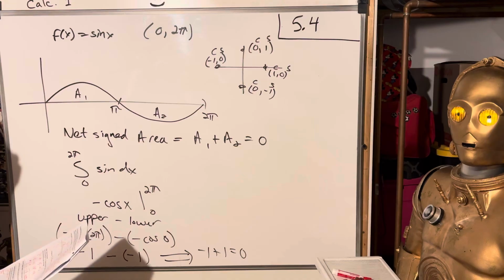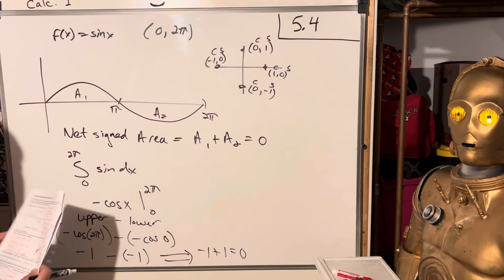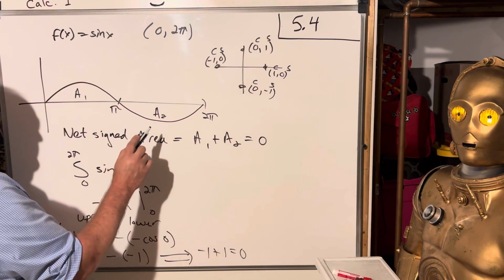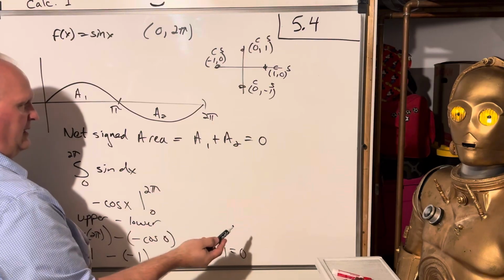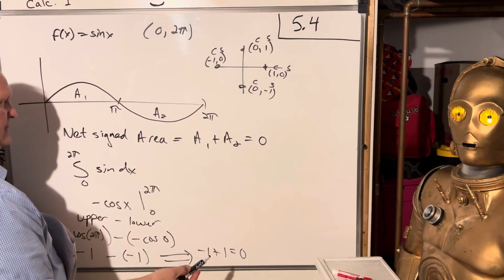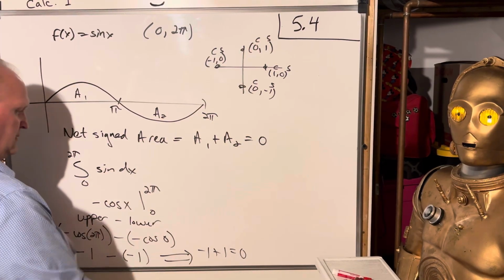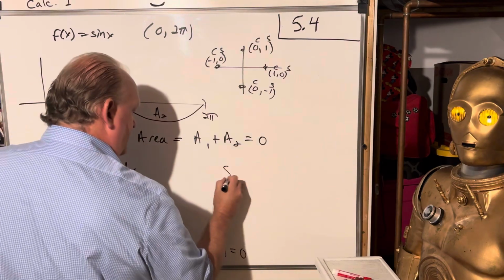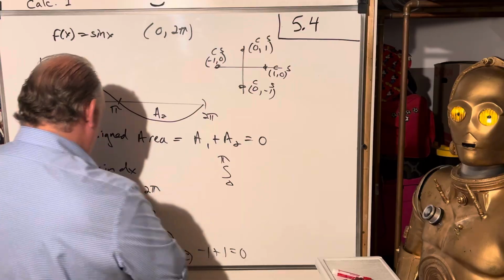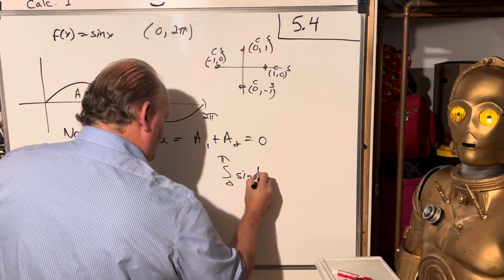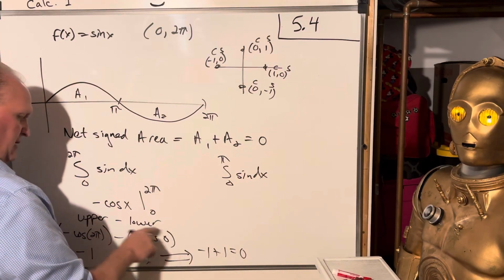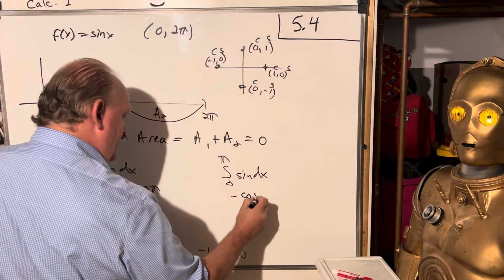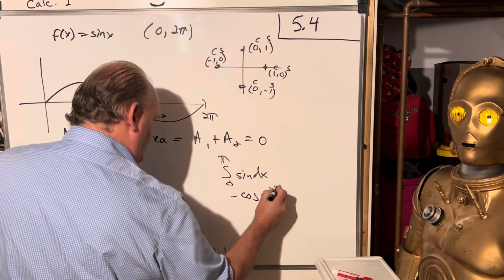You could also look at it in terms of each individual piece. We could go from 0 to pi and from pi to 2 pi and then combine them, and it would end up being 0 also. Looking at just 0 to pi, it's negative cosine x from 0 to pi.